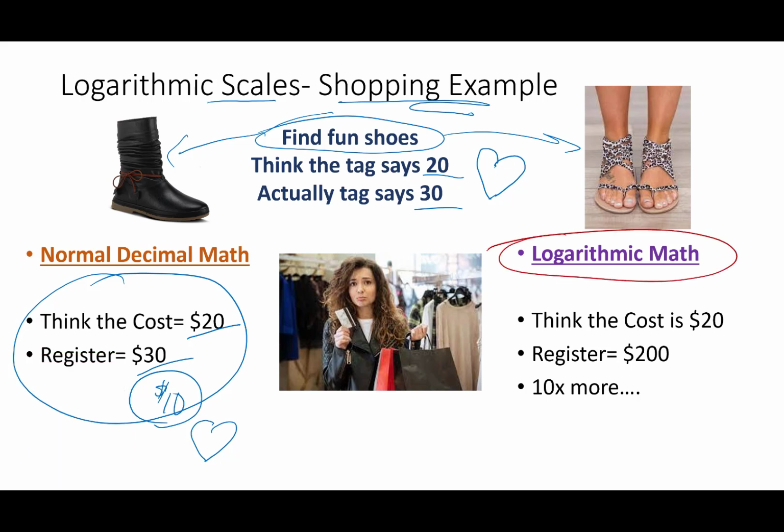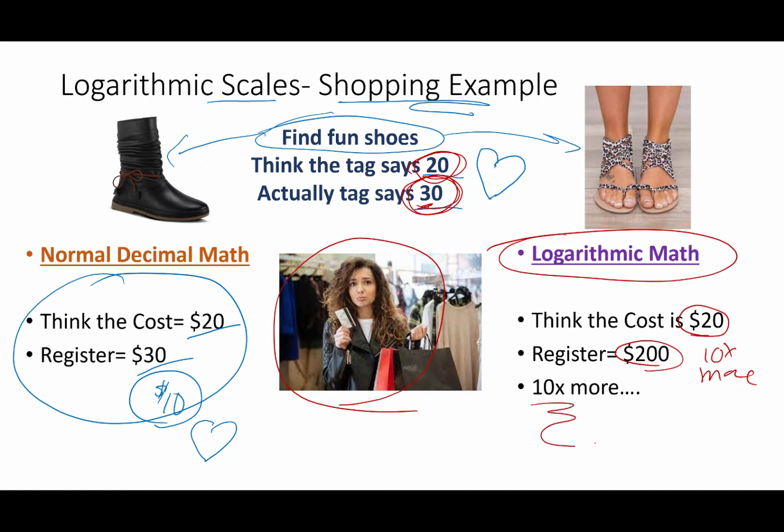If the tag said 20 and you get to the register and the salesperson said it really is 30, if it's logarithms, the difference between that 2 and the 3 means 10 times more. And so instead of the shoes costing $20, they're going to cost $200. And you're probably going to go, wah, wah, wah. I'm not going to spend $200 on a pair of sandals.